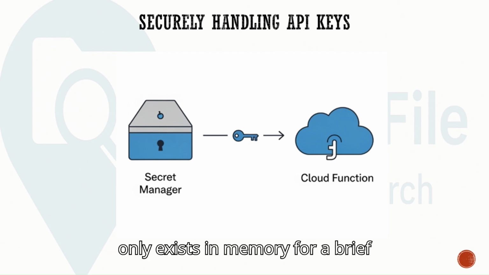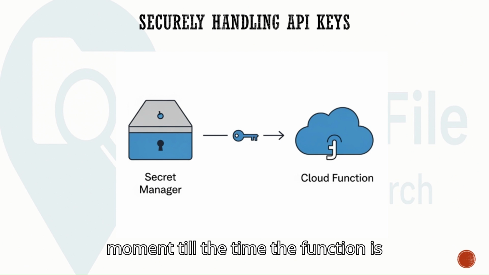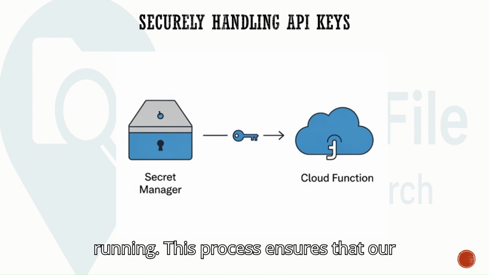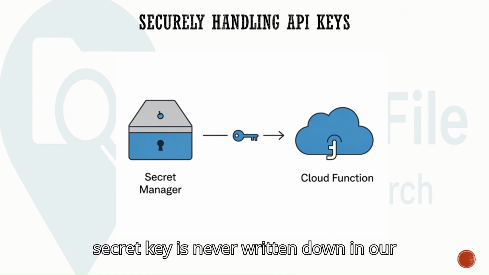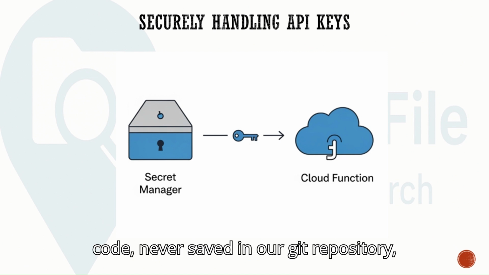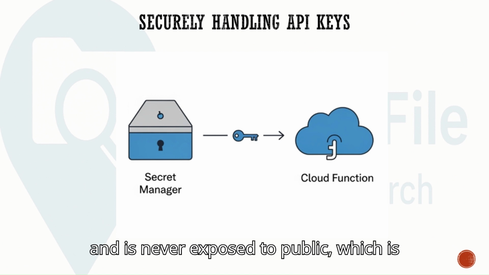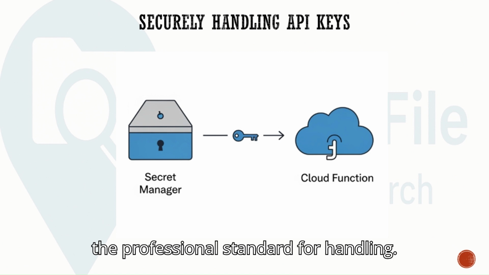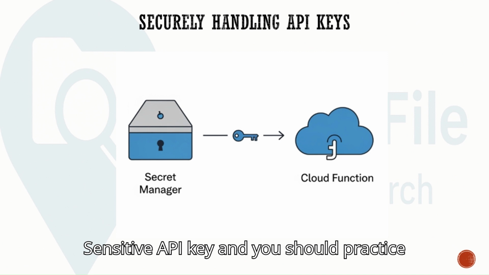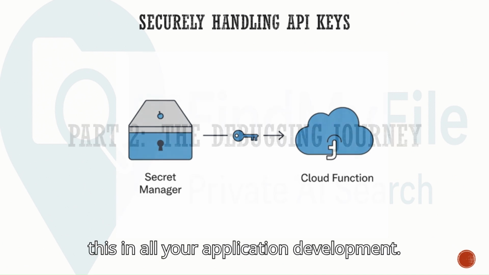The key only exists in memory for a brief moment, while the function is running. This process ensures that our secret key is never written down in our code, never saved in our Git repository, and is never exposed to the public, which is the professional standard for handling sensitive API keys. And you should practice this in all your application development.